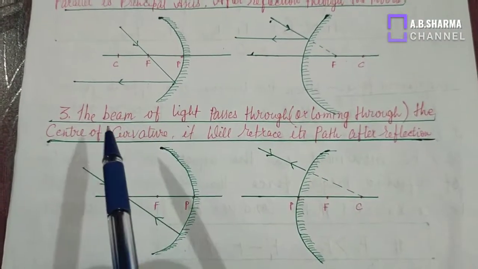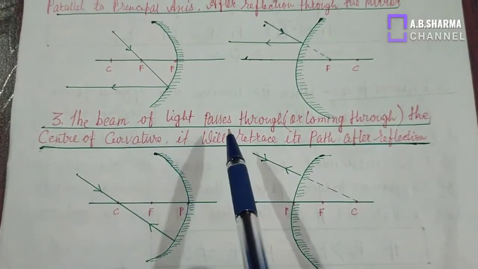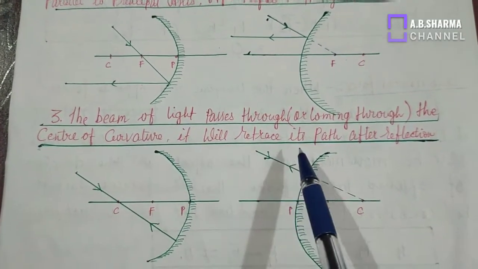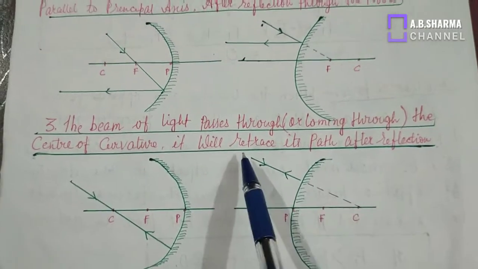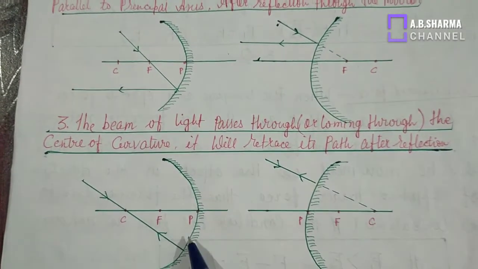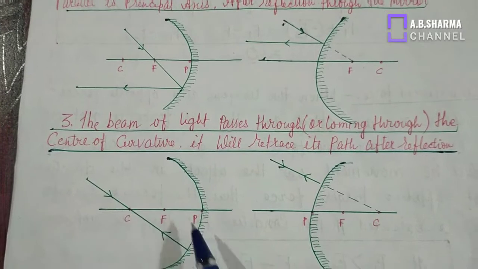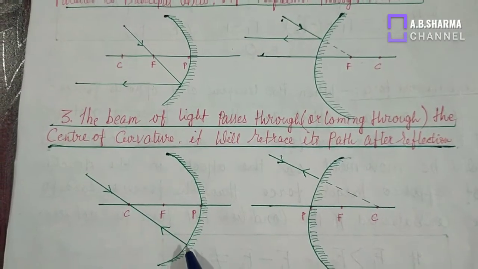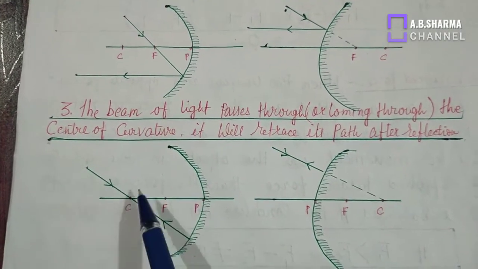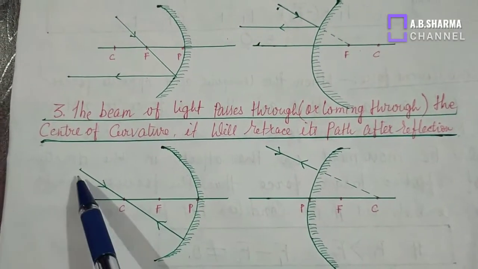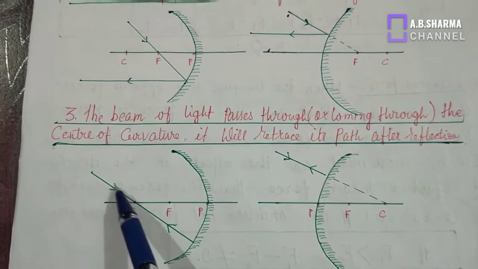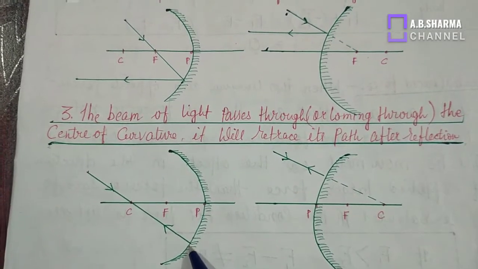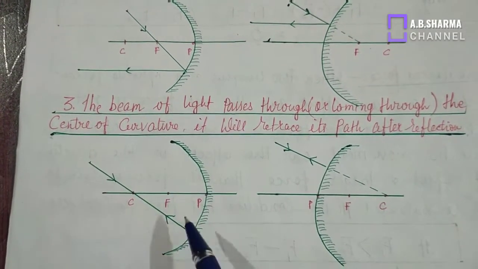And the third type of ray: the beam of light passing through the center of curvature will retrace its path after reflection. Retrace means it goes back along the same path from which it came. See in this figure, a light ray coming through the center of curvature is incident on the mirror and takes the same path back, which means it retraces its path.